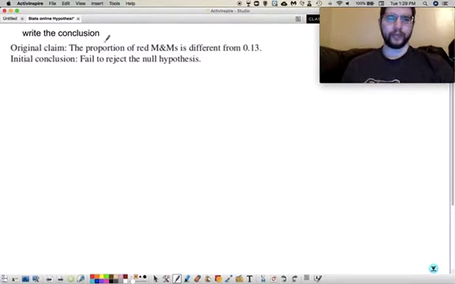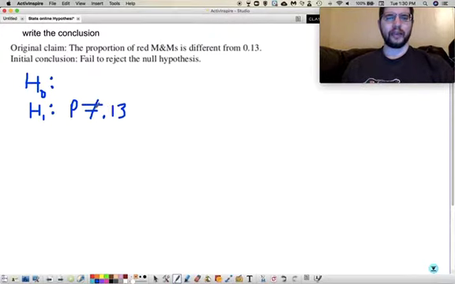So the claim, the proportion of red M&Ms is different from 0.13. Let me write down my hypotheses. H0, H1. Again, you can use HA if you want to. It doesn't matter to me. Different. That means not equal to. So p is not equal to 0.13.